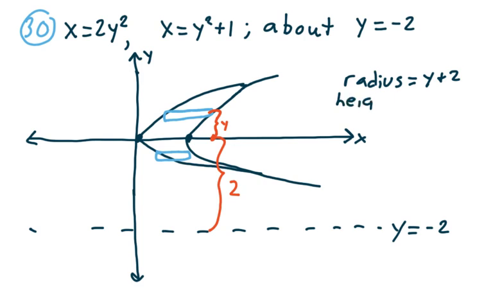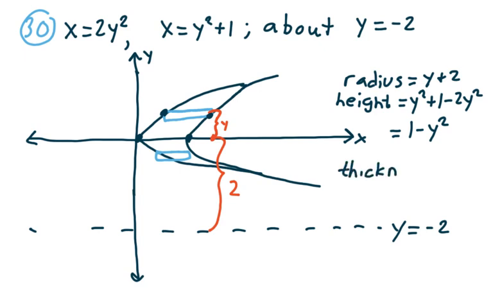The height: I'm going to take the rightmost function and subtract off the leftmost function. So it's y squared plus 1 minus 2y squared, which is 1 minus y squared. The thickness is dy. Now, we need to know our limits.